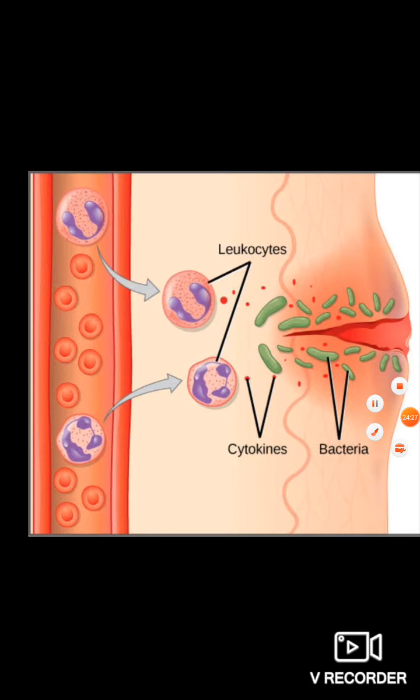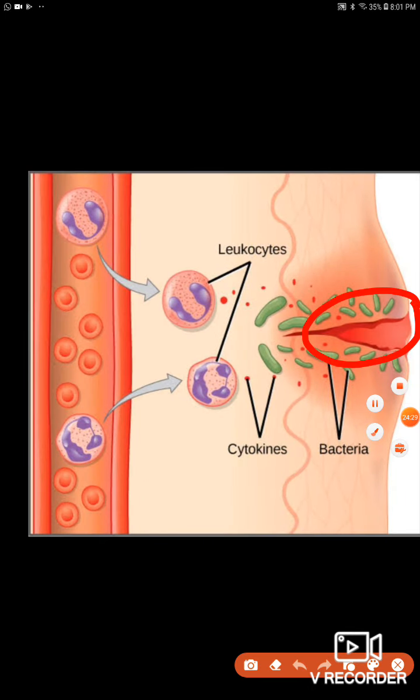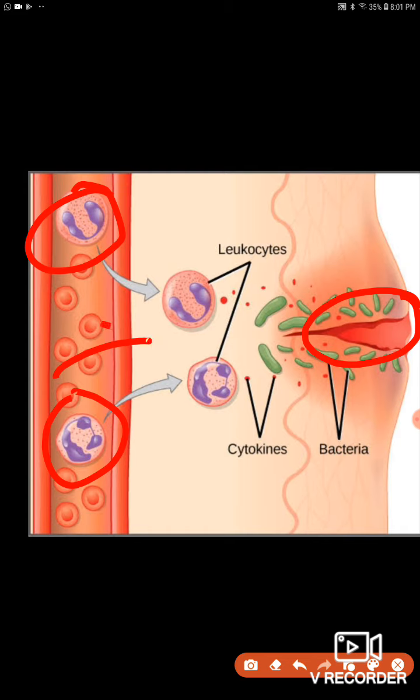If there is any cut, or if any pathogens are coming inside, then WBCs can move out from the blood vessels through diapedesis, and they fight against these disease-causing germs or the cuts.